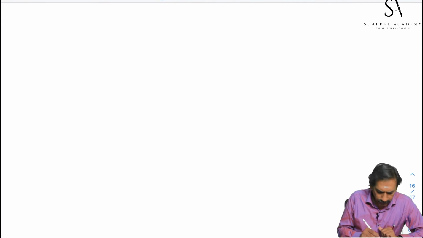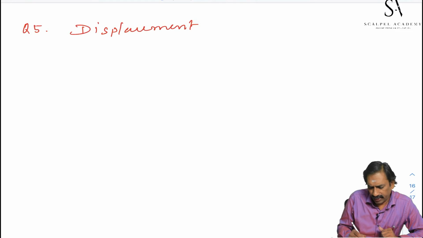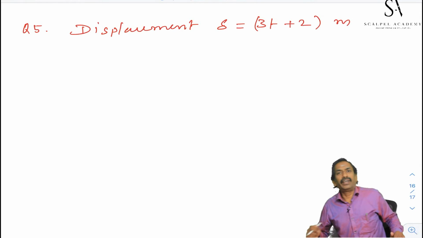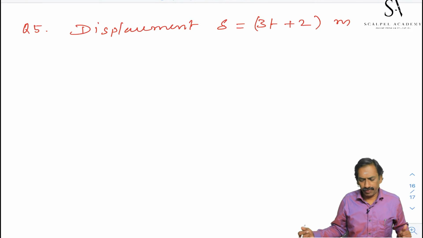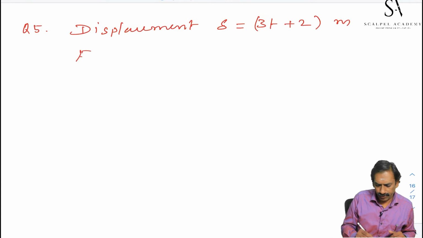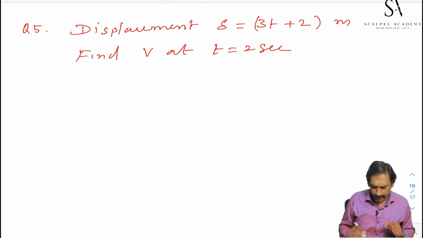Okay, student, well, let us go to the fifth problem. Displacement of a particle as a function of time is given as 3t plus 2 in meter. Find its velocity at t is equal to 2 seconds. This is the problem.